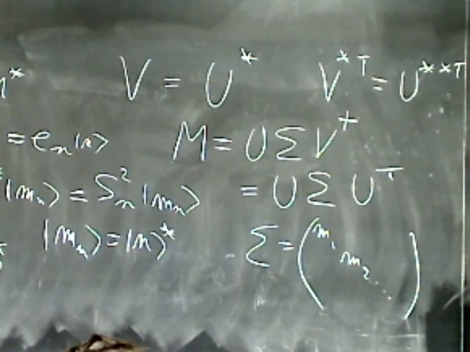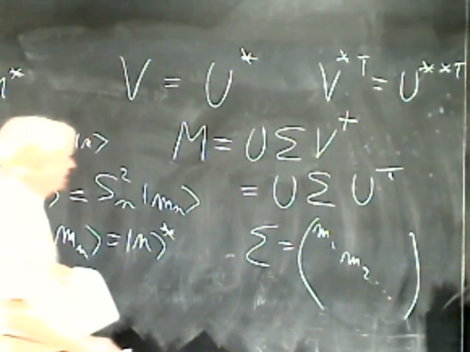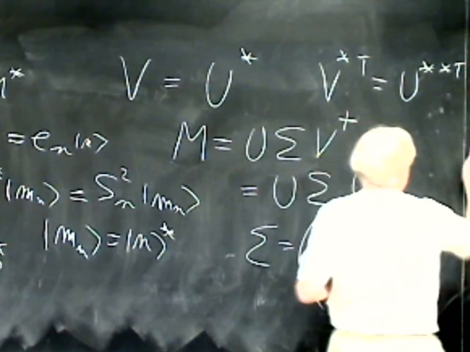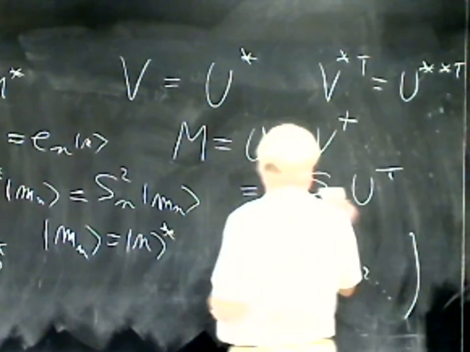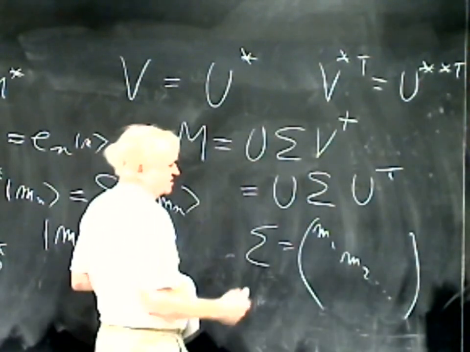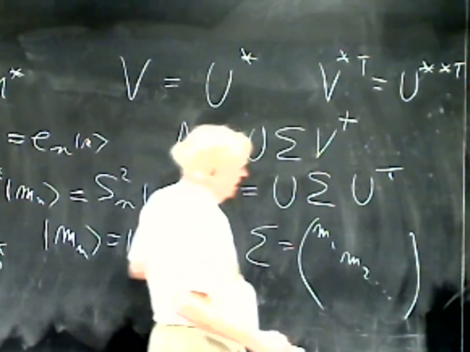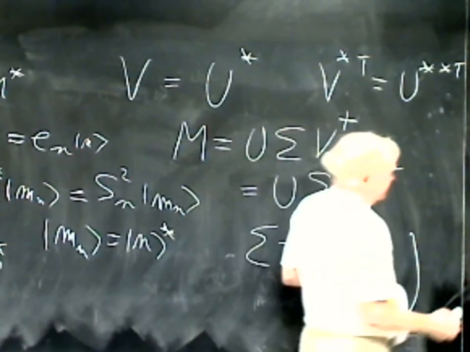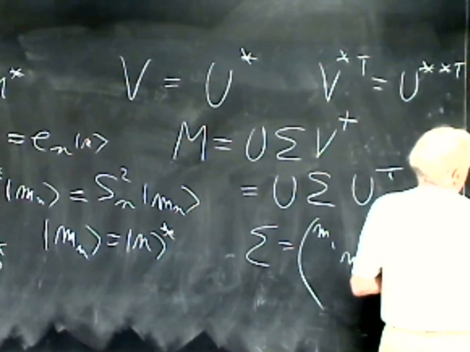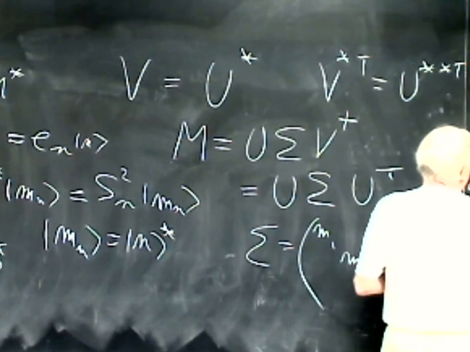Okay, it turns out that by redefining the quark fields, one can arrange for this matrix U, the matrix that occurs in the singular value decomposition of the quark mass matrix, to be real apart from one phase.